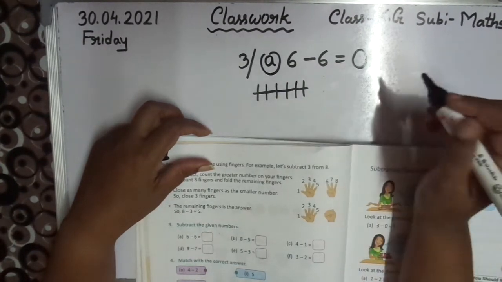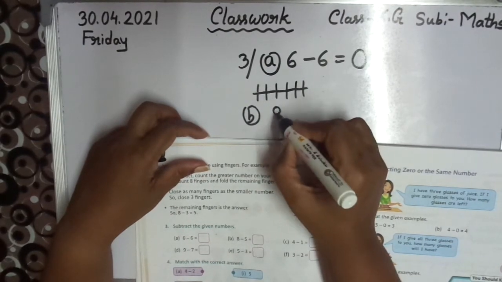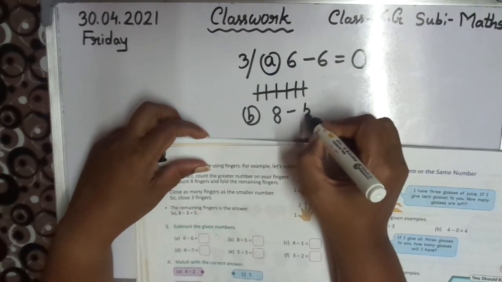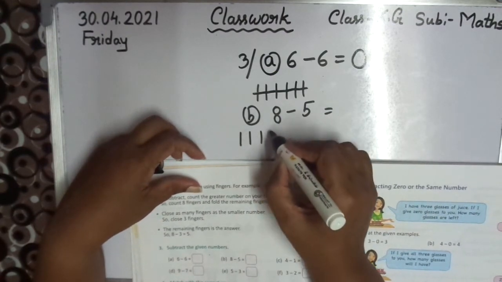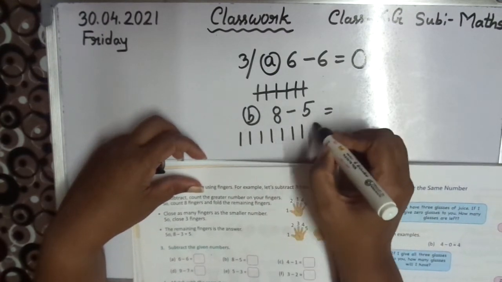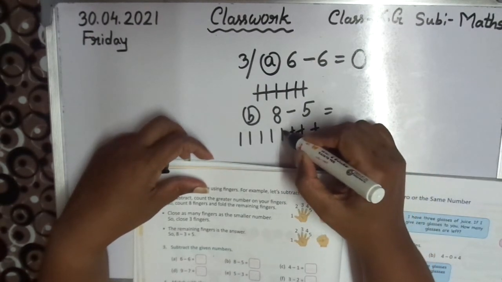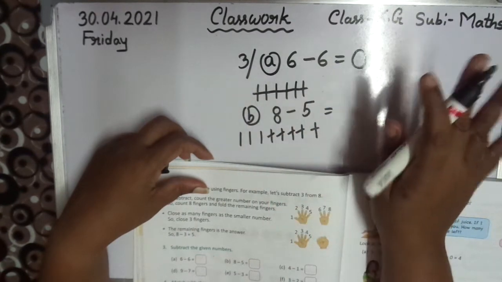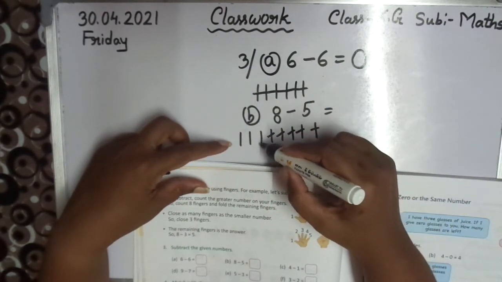Next, B. 8 minus 5 is equal to 1, 2, 3, 4, 5, 6, 7, 8. 5, 1, 2, 3, 4, 5. I take away. So left 1, 2, 3.